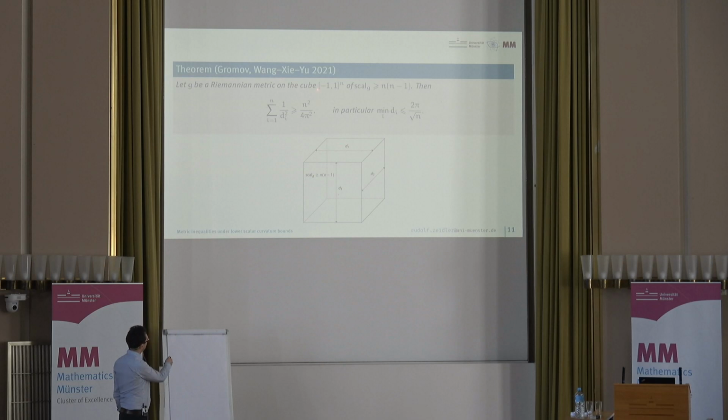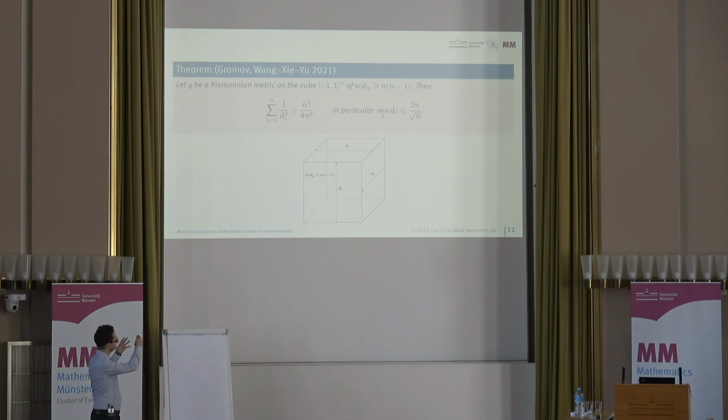And you get this estimate, and in particular, if you pass to the minimum of the distances and then to the inverse of that, you get that the minimum of the distances d_i has to be bounded by a certain constant again, which just depends on the dimension. And this tells you that positive scalar curvature prevents you from expanding in all directions simultaneously.